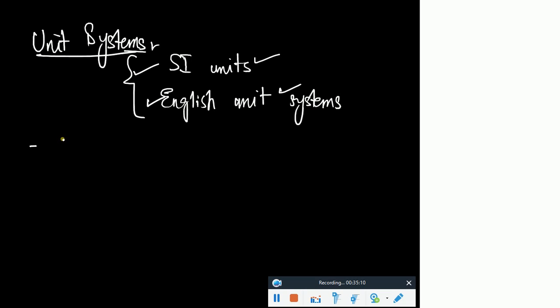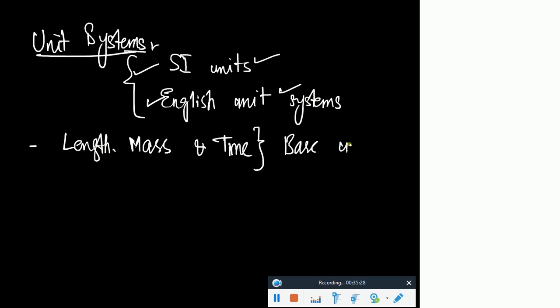I hope you understand what those primary dimensions or base units are. You understand that? What are those base units? Generally in mechanics you deal with length, mass and time. These are the base units. Why?